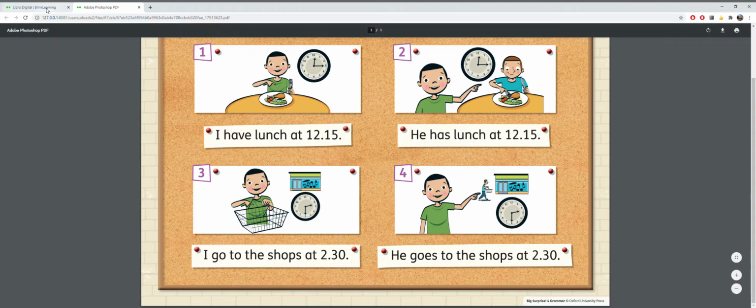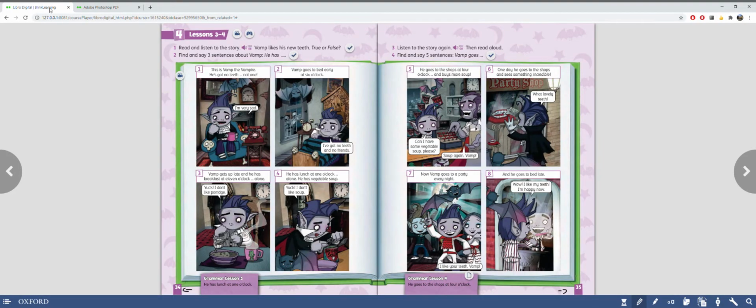So let's check this in a very fast way. Here we have lesson number 3 and 4. We have the reading right here, and we are going to focus on the story.